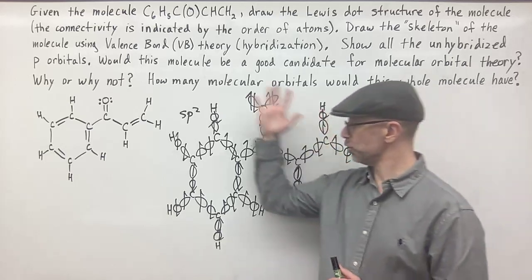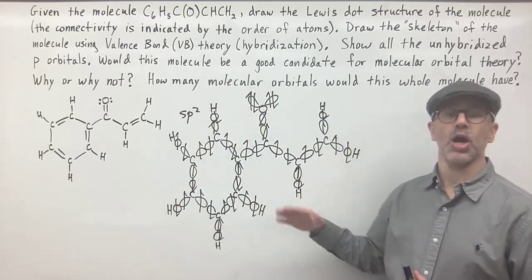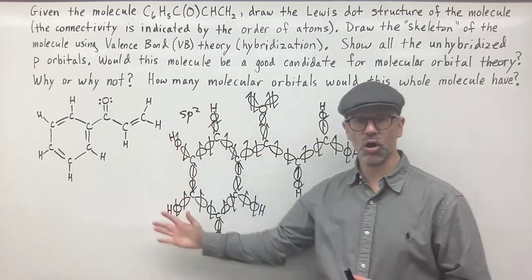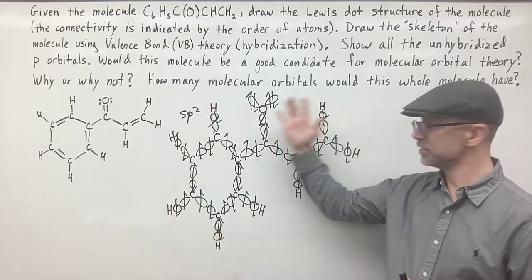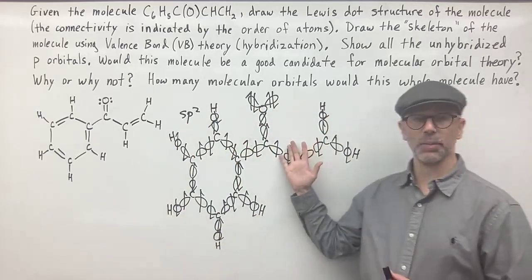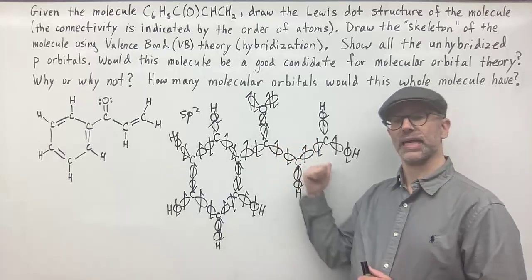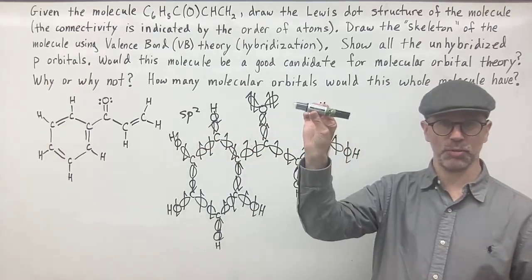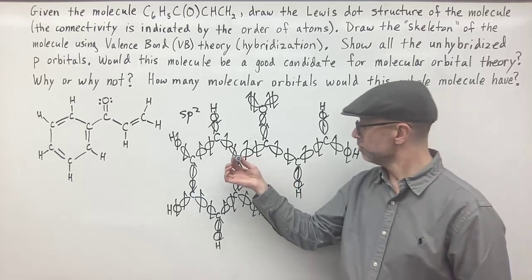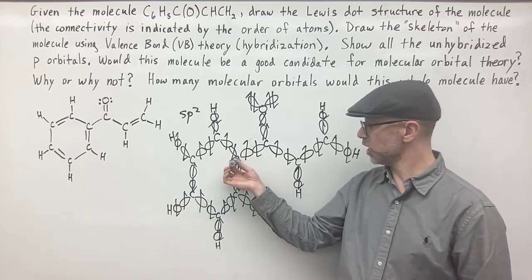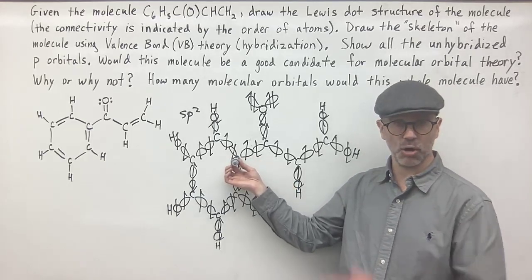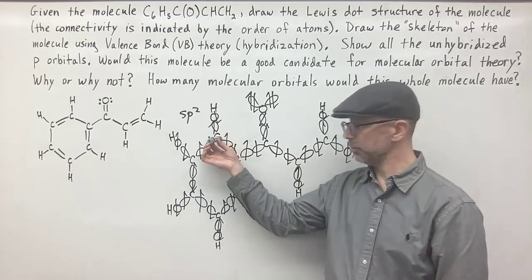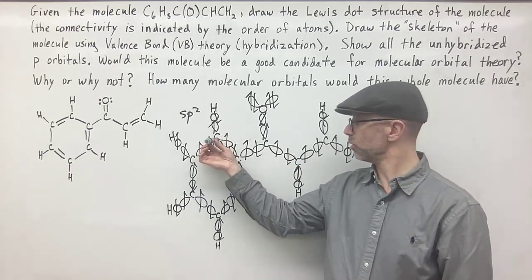So this molecule is in the plane of the whiteboard, which means that the unhybridized p orbitals of all of the carbons and oxygen are coming out of the board and going into the board. So kind of like this. If this is my p orbital, then at the center of this carbon is going to be a p orbital sticking out of the board and into the board. This carbon has an unhybridized p orbital.